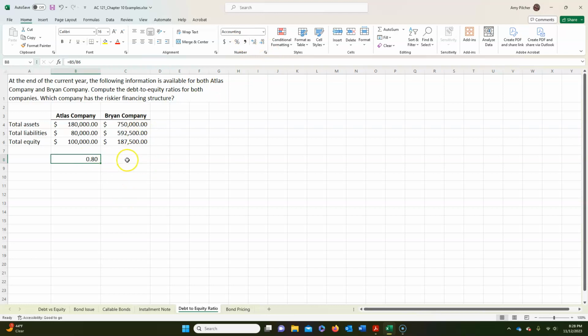For Byron Company, we take debt divided by equity, and we get 3.16. The company that has the riskier financing structure is the Byron Company. They have considerably more debt than the other company, so they would be considered a financing risk if they went to a bank and wanted to borrow money.